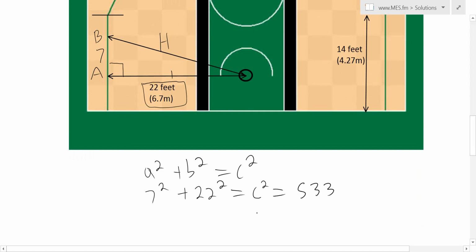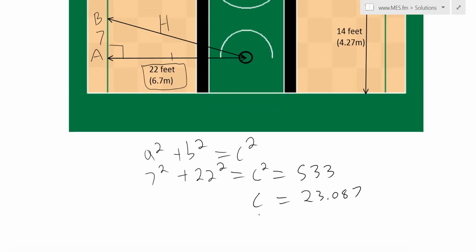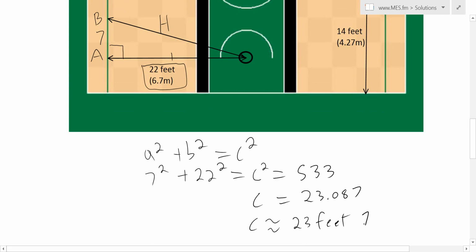So that means our c will equal 23.087 when we take the square root. And that pretty much equals about 23 feet and 1 inch, which is further than the corner, but it's shorter than around the curved arc.